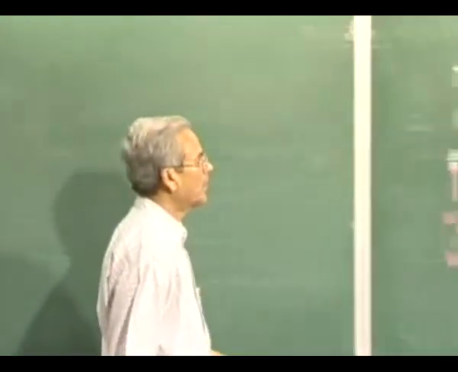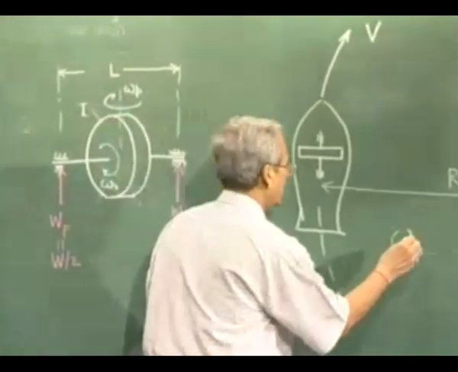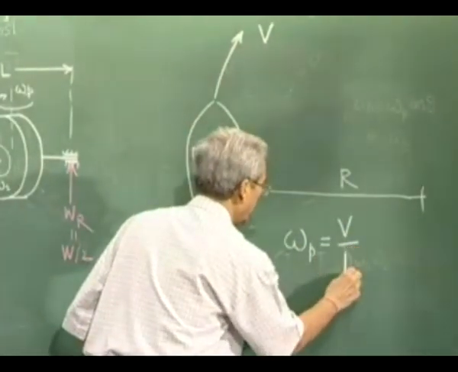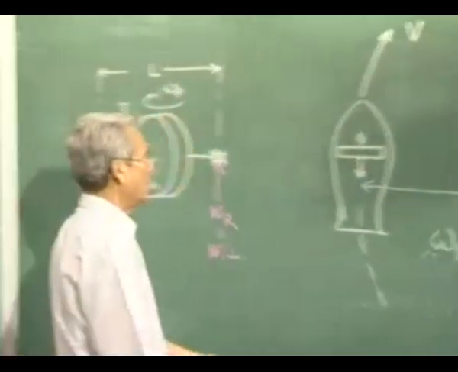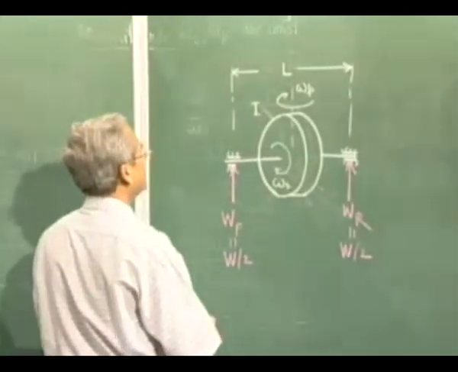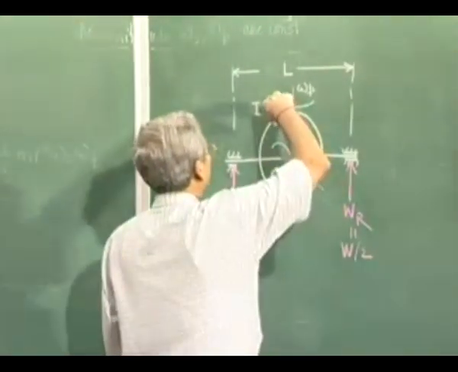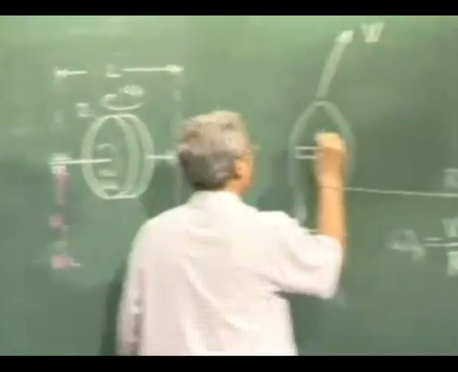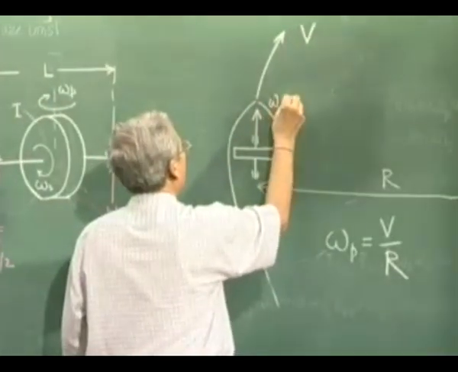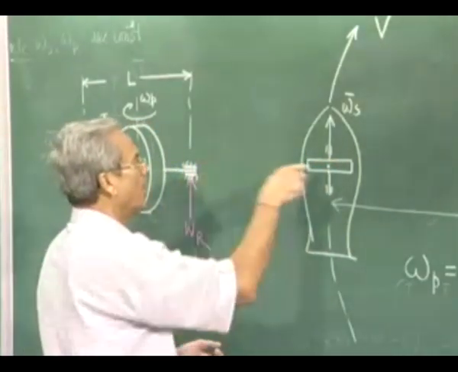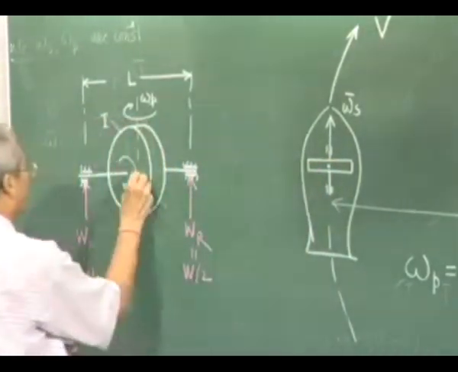So omega p is nothing but the velocity of this plane, of this moving vehicle, divided by the radius of its turn. And since it is rotating towards right in this view, if this is omega s, omega p will be up or down? It will be down.